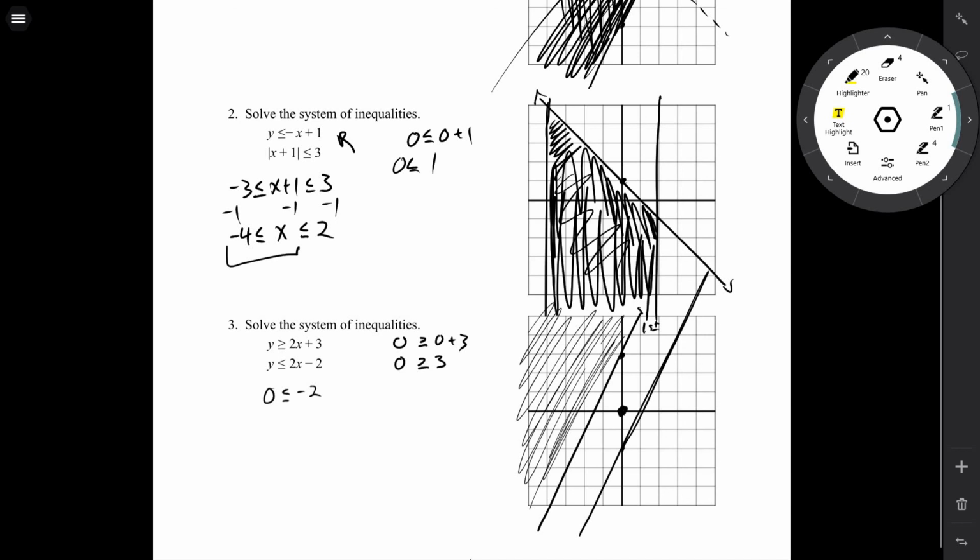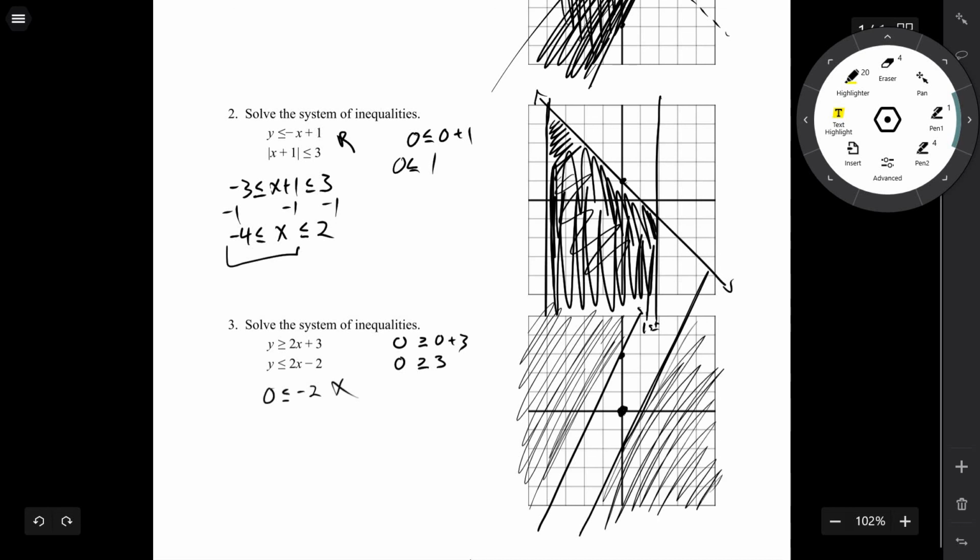Oh, that's not correct. I got all turned around in the numbers here. 0 is greater than negative 2. So this one is false. So we would shade the opposite side here as well.